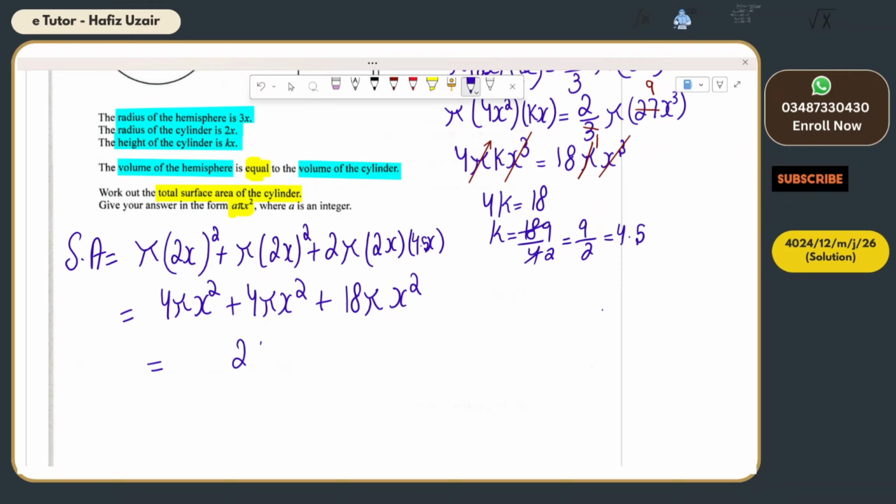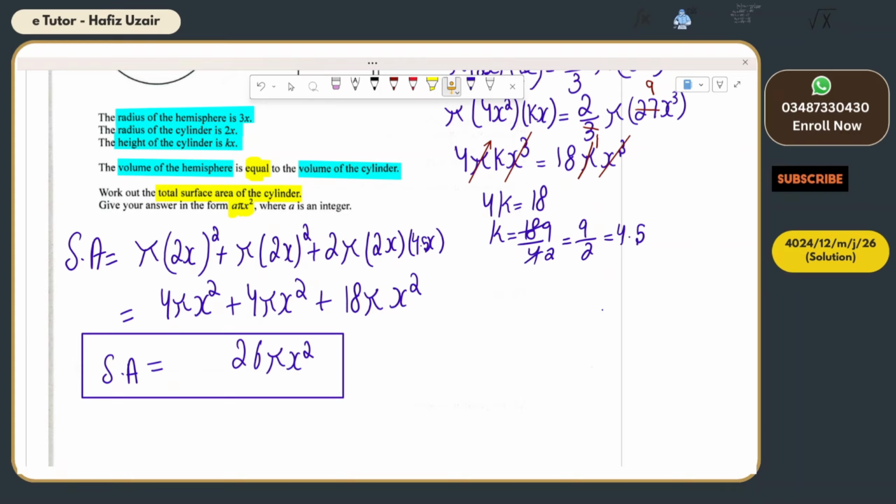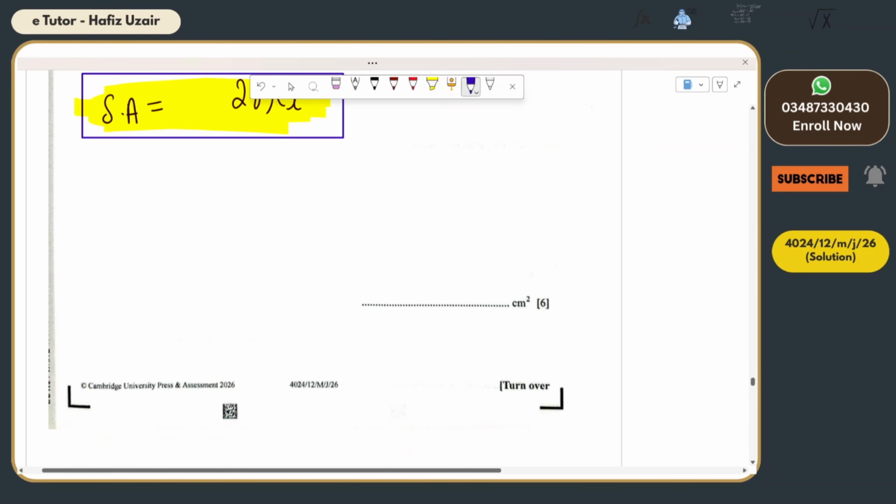You get 26 pi x square, and that is your answer for surface area. You can check now: do you have x square in the answer? Yes. Do you have pi in the answer? Yes. And we also have an integer constant over here. So that is your answer, 26 pi x square.